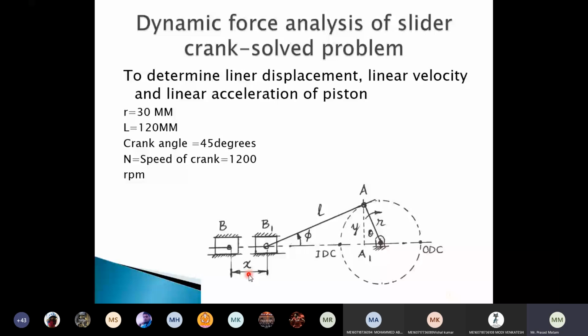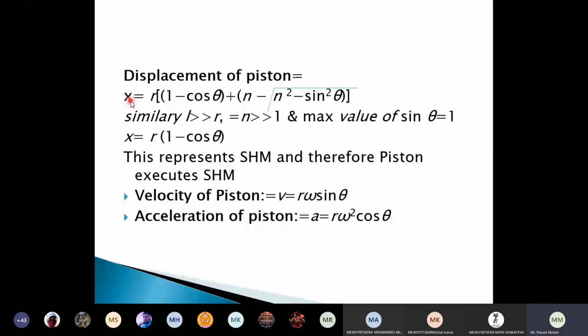Okay. So now note down all these values. R equals to 30 mm, L equals to 120 mm, crank angle equals to 45 degrees, speed of the crank equals to 1200 RPM. So these are the formulas we have. X is the displacement of the piston, which is equal to R into (1 minus cos theta plus n minus root over n square minus sin square theta).